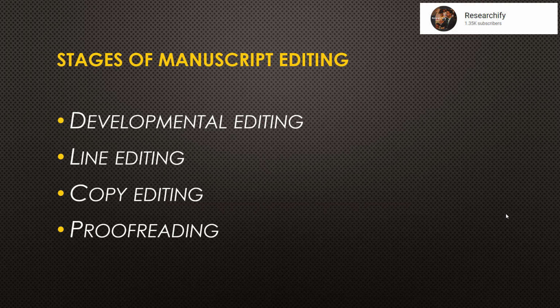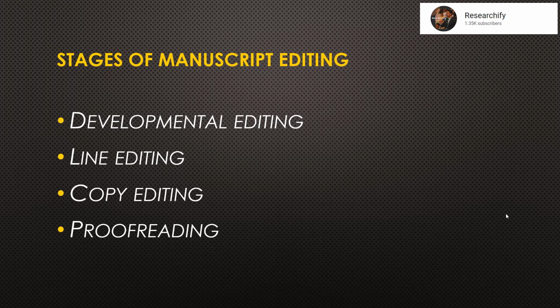The third part is copy editing. The purpose of copy editing is spelling, good formatting, grammar errors, punctuation, and also sentence structure. Copy editing comes after line editing. And proofreading is usually done when you are ready to submit your manuscript to a journal.